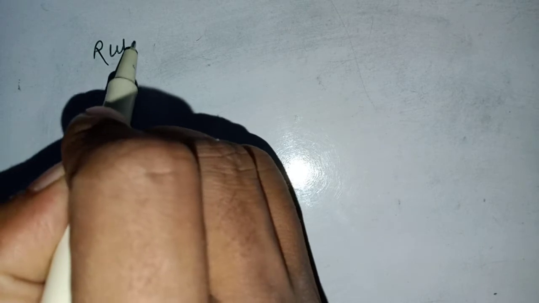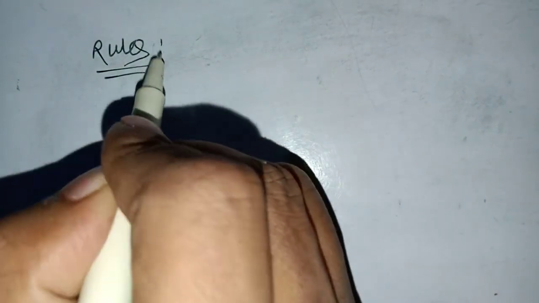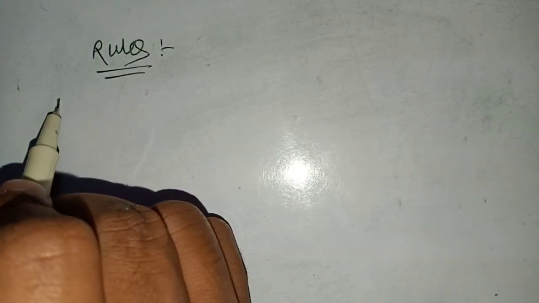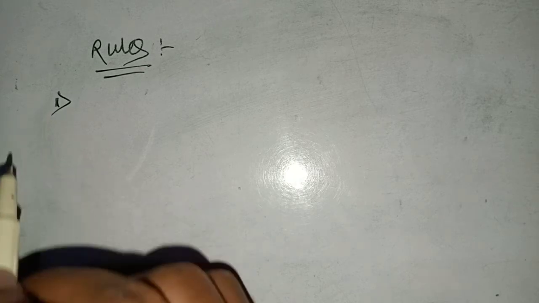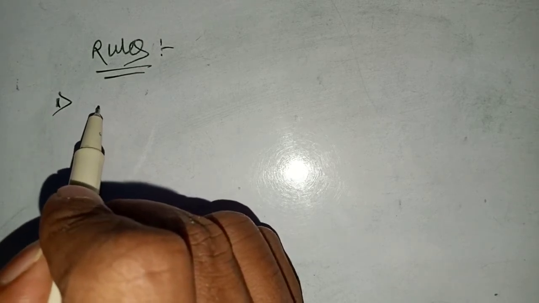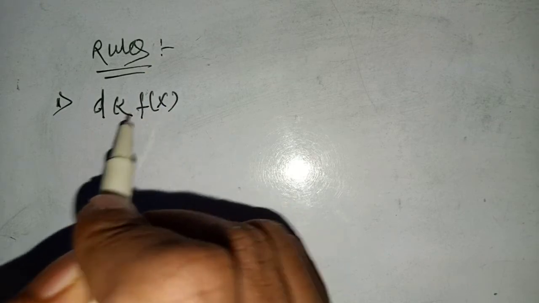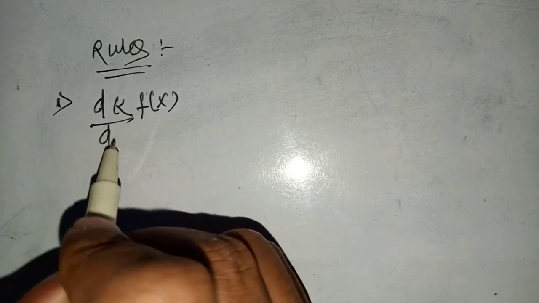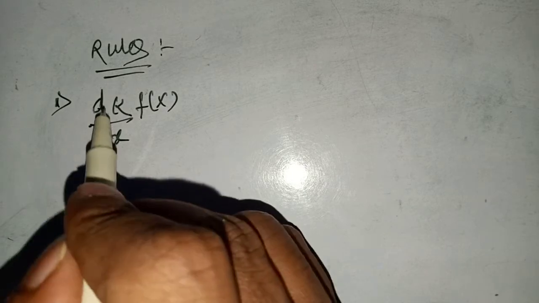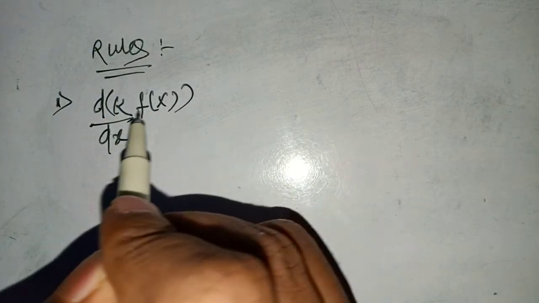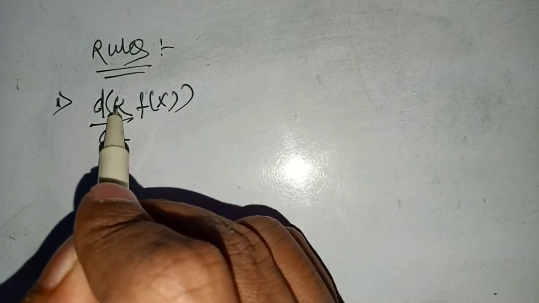Okay, so rule number 1, dy by dx of k f(x), where k is a constant.